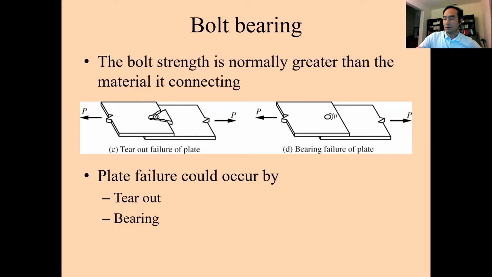And these are two failure mechanisms for bolted connections. One is a tear out of the plate. If this bolted connection is too close to the edge of the plate, in that case we can expect a tear out failure. Otherwise, we could have a bearing failure, right? The plate is not totally torn out, but we could have a reduced capacity due to the distance between the edge and the bolt.